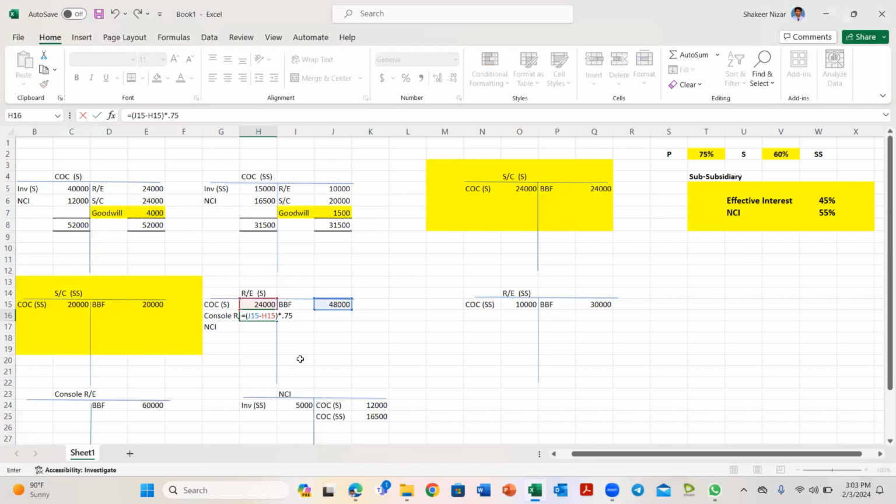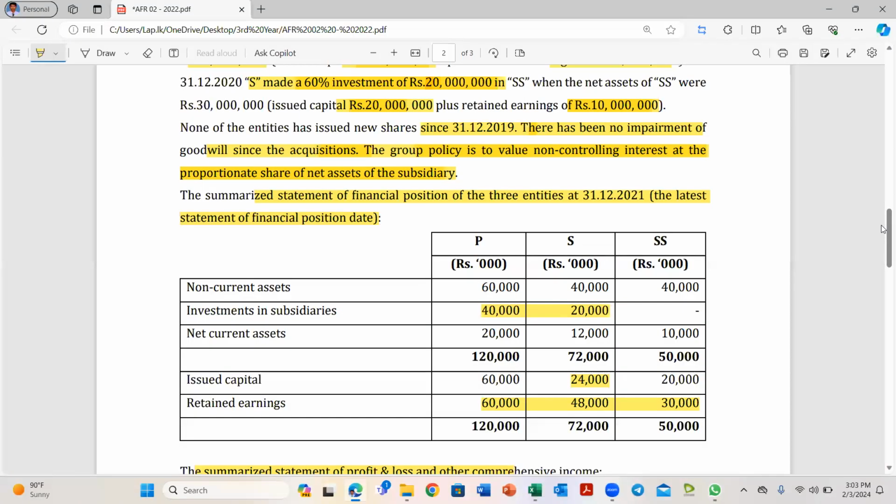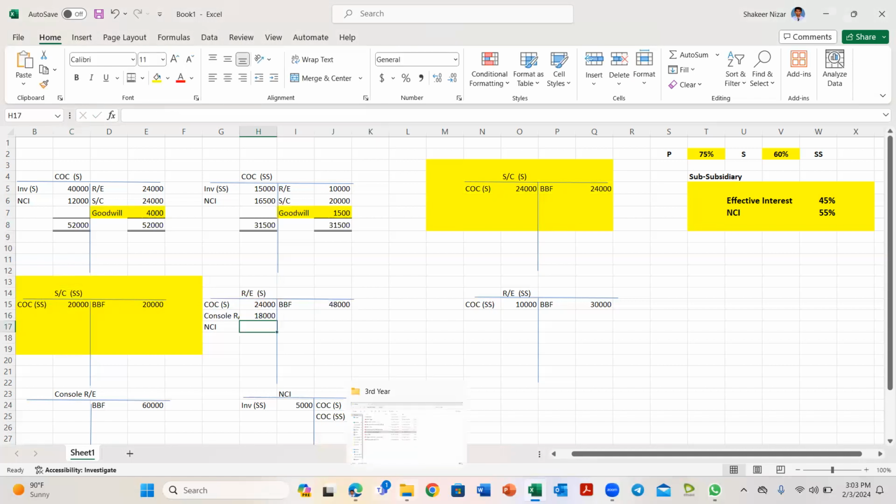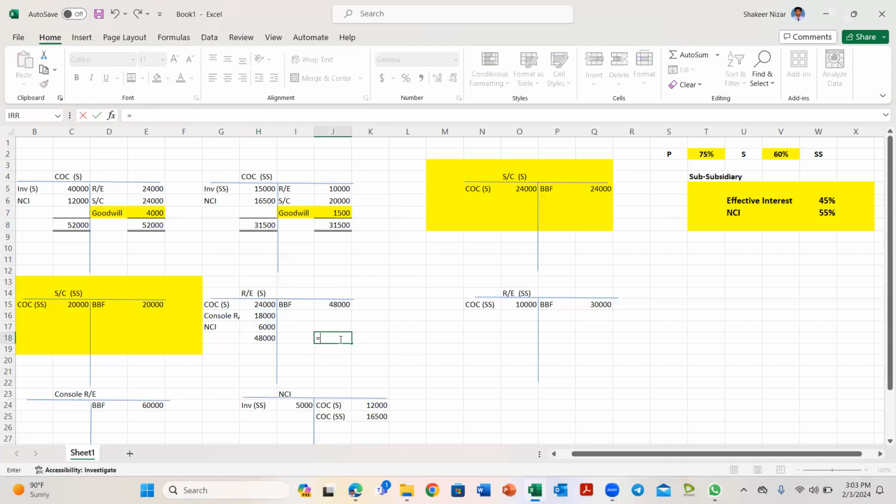The parent holds 75% of the subsidiary, right? Yeah, 75%. The remaining balance 6,000 goes to the NCI, the remaining 25%, right? Then this account is netted off.